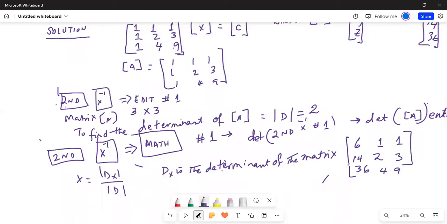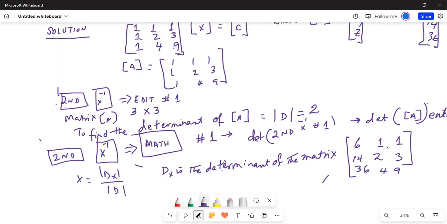Only the first column has been replaced by the constant terms, and the remaining 2 columns remain the same as in matrix A. So we have to create this matrix and then find its determinant.